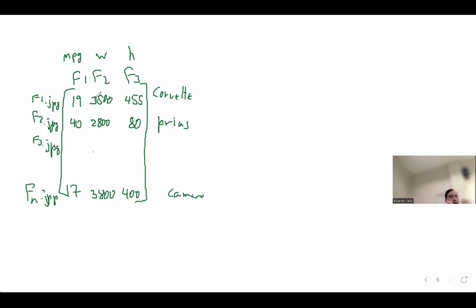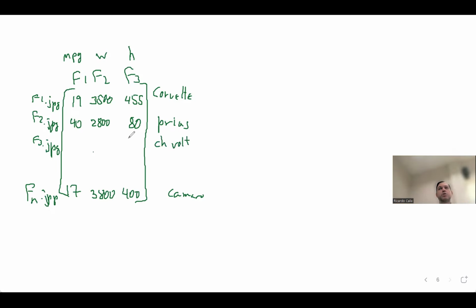And now let's do one more, and imagine we would have more of these, right? But we're going to do one more example of a car that's similar to the Prius. A Chevy Volt, okay.